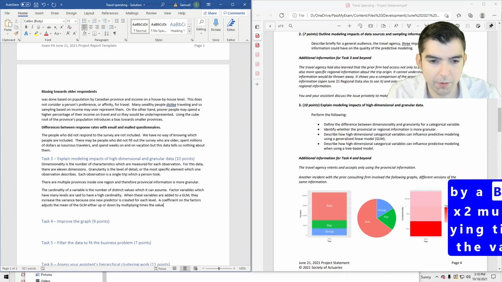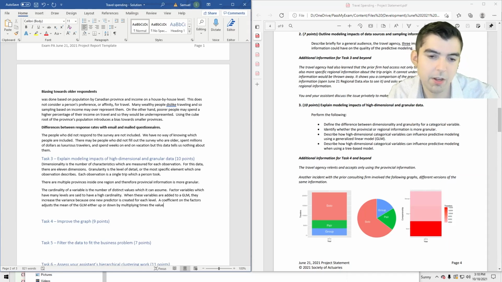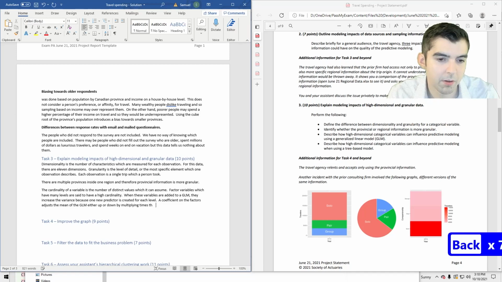No, yeah, when you have a coefficient on a factor level, it will either adjust the mean up or down by adding, yeah.